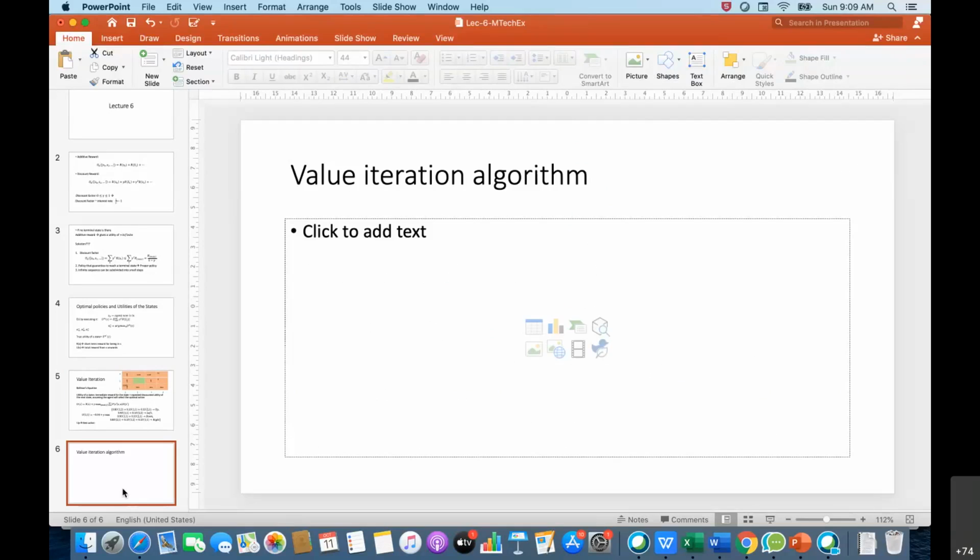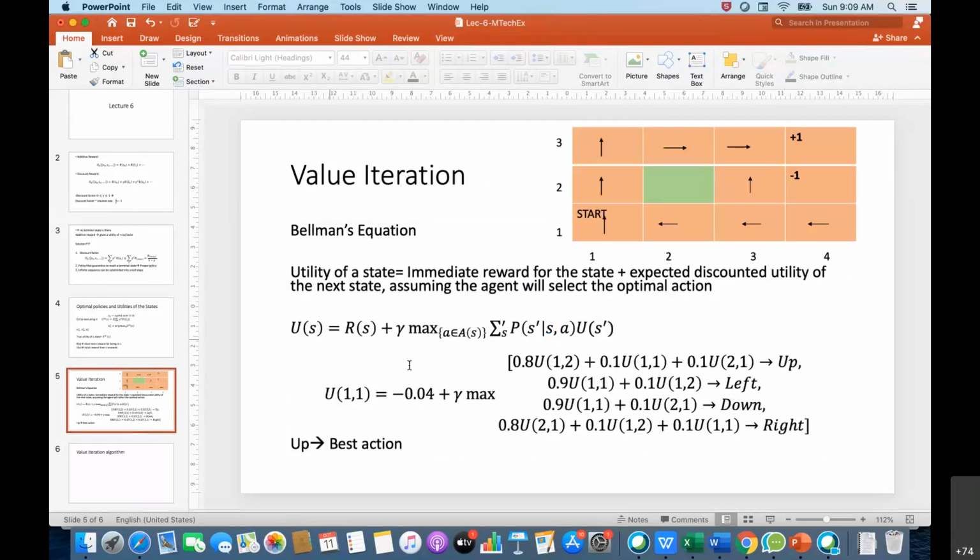But here we have to note that the Bellman equation is not a linear equation. Here it is using a nonlinear operator like max. Max is a nonlinear operator. It is not working in a linear form. Therefore, we can't solve it with linear algebra.